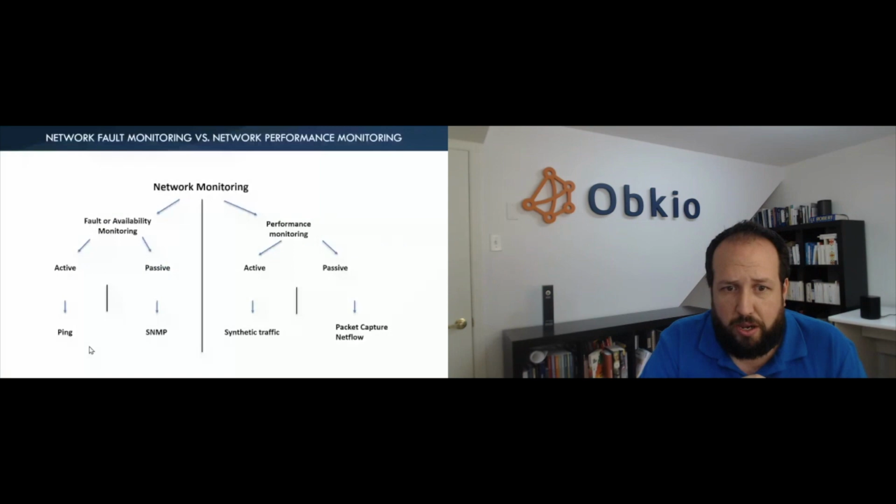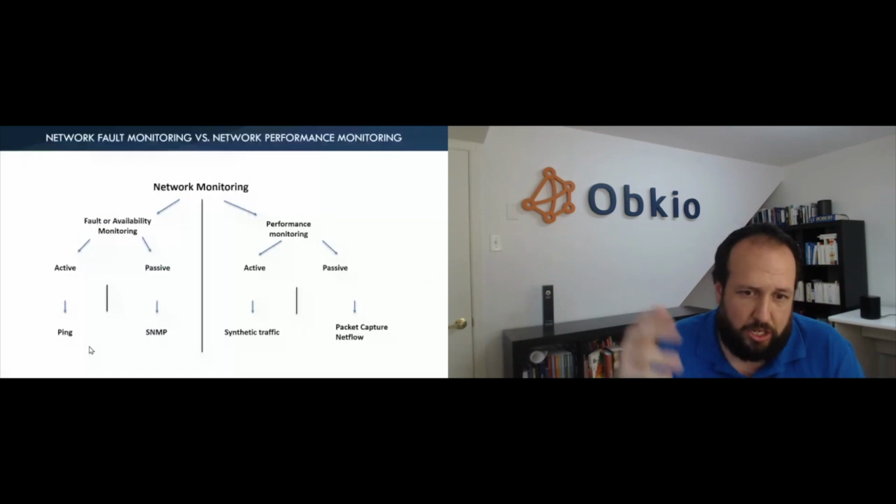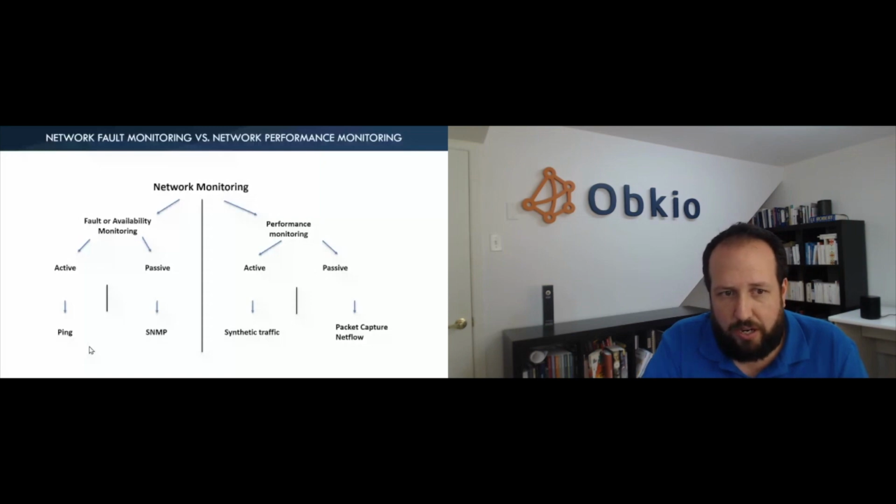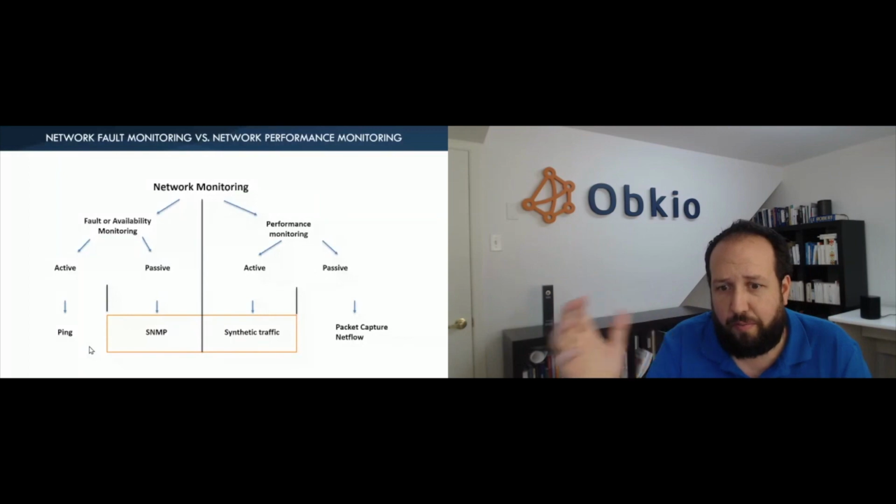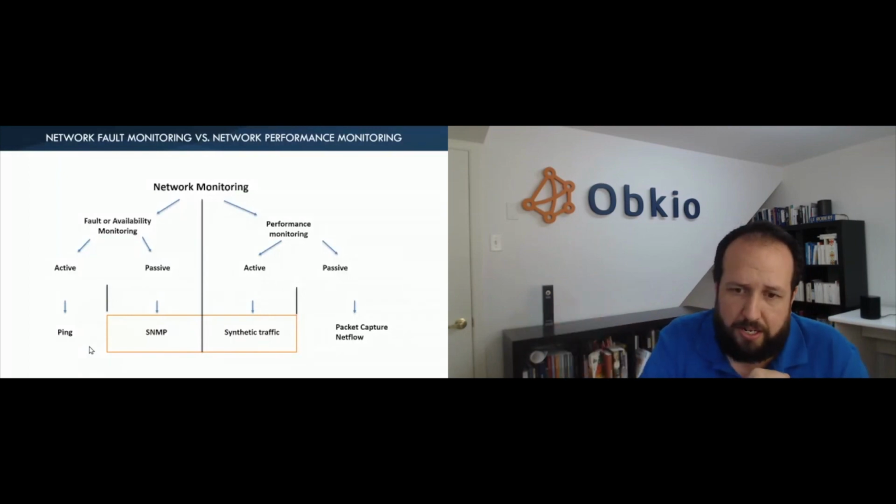For fault monitoring, we know tools like PRTG and SolarWinds, because these are really popular tools in the market that do SNMP polling and pinging of devices. At Obkio, we are more on the performance monitoring side, and we do active performance monitoring using synthetic traffic. We're going to cover this later in the presentation.